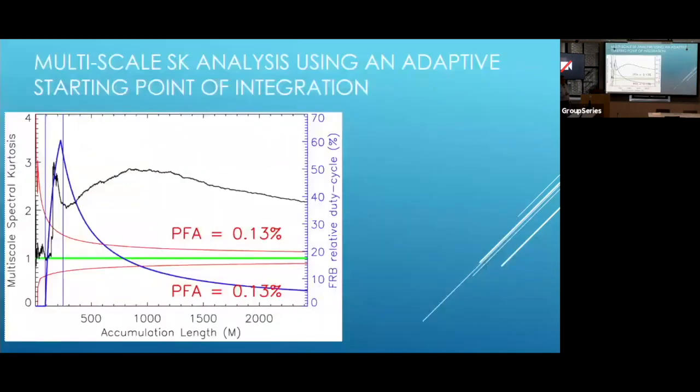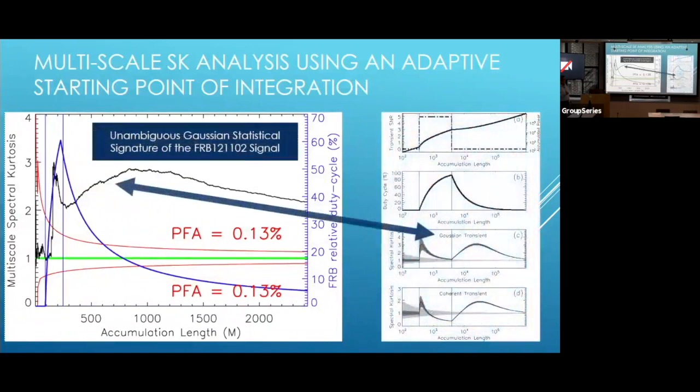But if you do the right accumulation and continue this search, you get this pattern. And I would claim that if this pattern where you do not cross 1, you go up, down as you start increasing without getting below 1, this is a clear signature of a Gaussian signal. So again, this FRB signal is Gaussian distributed.